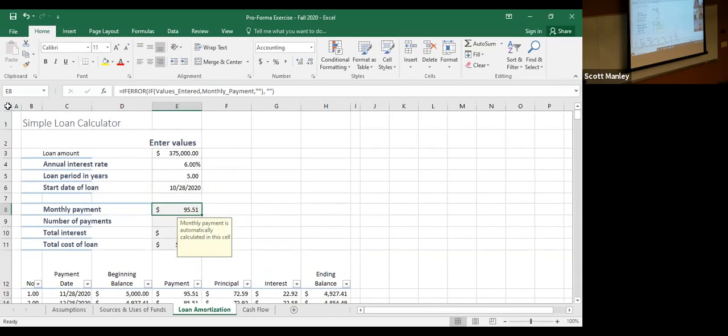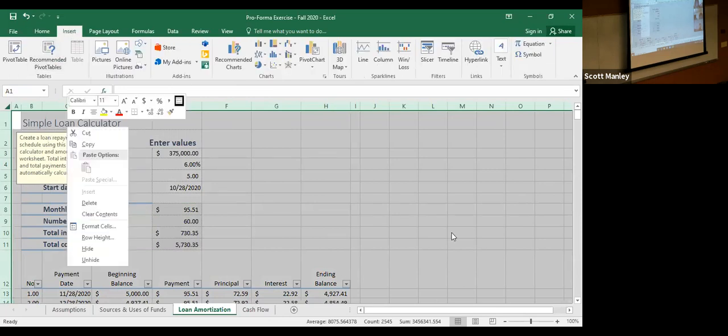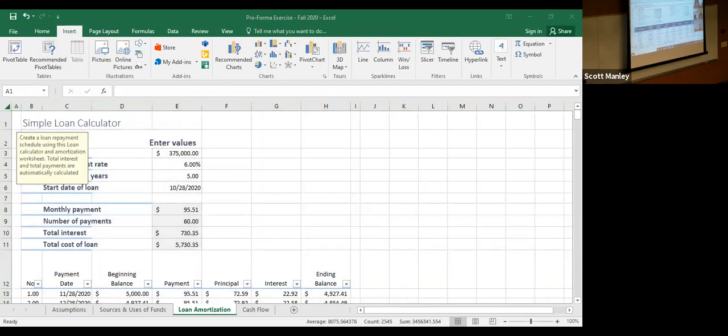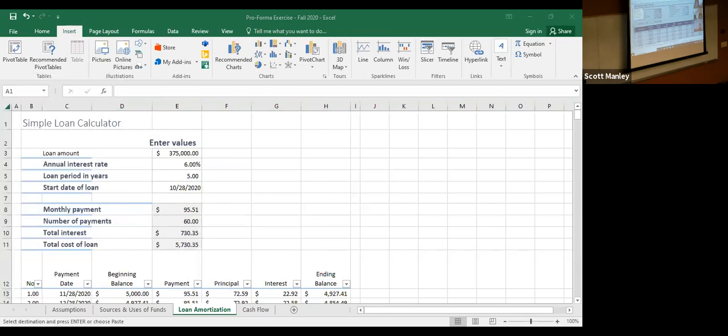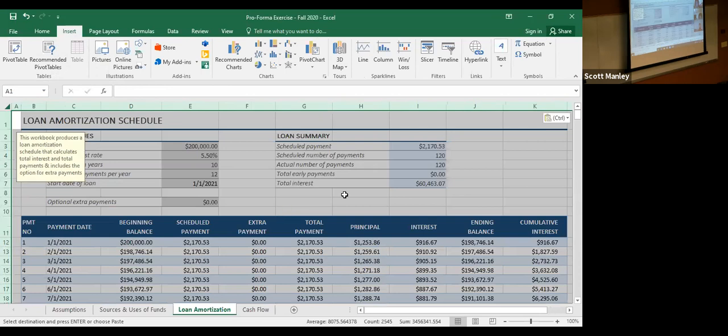Okay, let me do that again. Insert. No. Let me go back here. I'm gonna try copying this one, y'all. Copy. I'm gonna go here to my correct spreadsheet and paste.